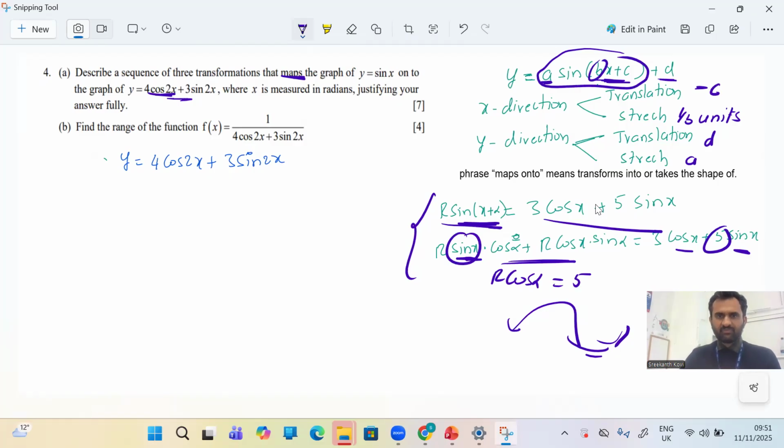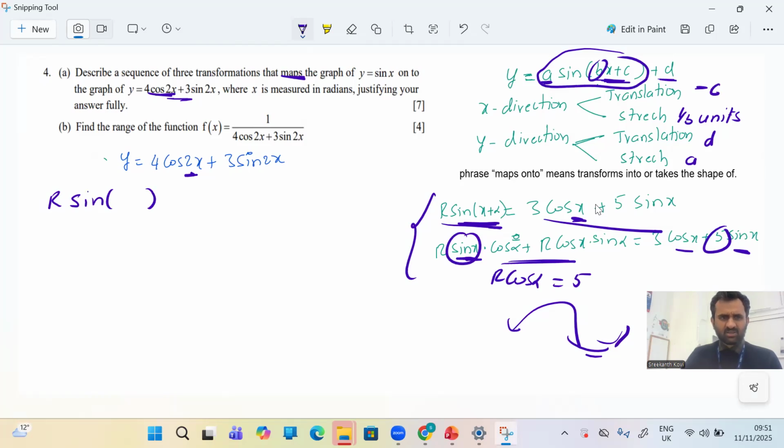But in this case, if you come back to this question, we are going to start the actual question now. You have 2x, whereas you have x here. So they're asking how sin x will become this one, meaning indirectly they're asking you to write sine of something.